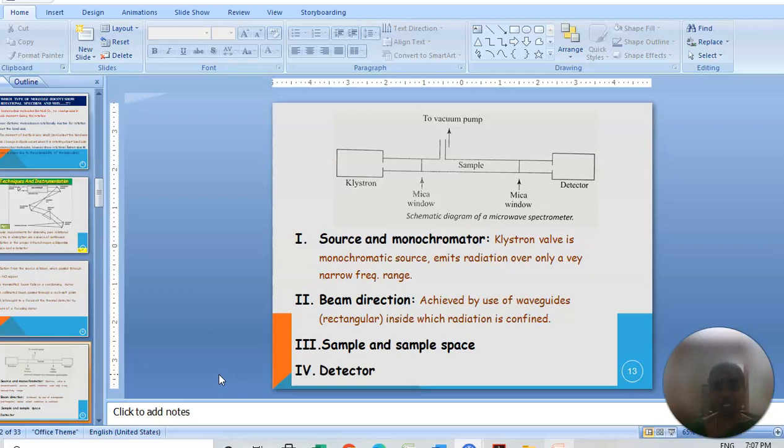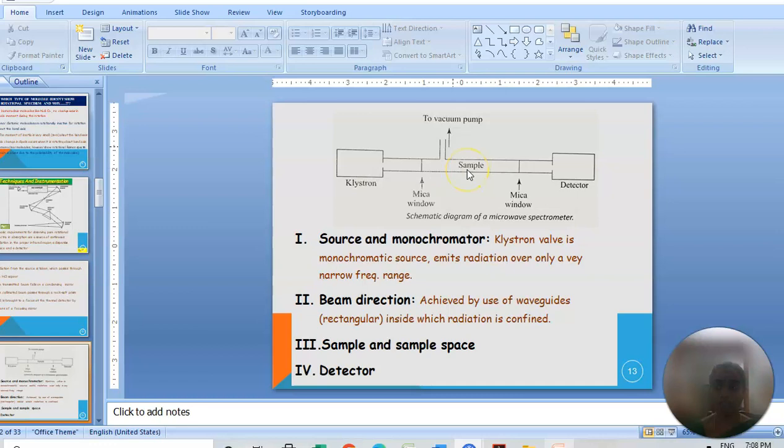Here the source is the klystron, a monochromatic source that emits radiation over only a narrow frequency range, and it is passed through a mica window. Why? Because a narrow path of light has to be passed and the beam direction should be guided, so we use waveguides. The radiation is then passed on to the sample.